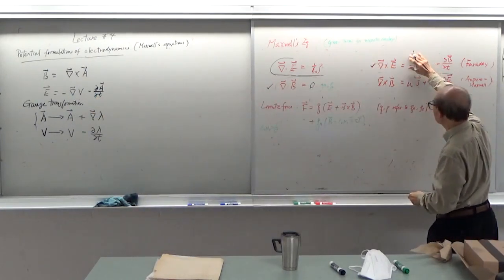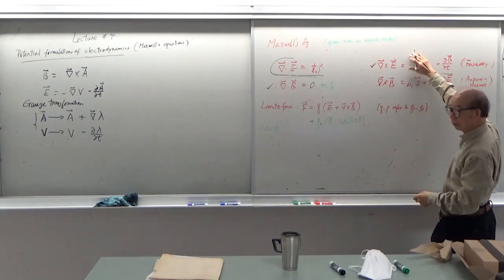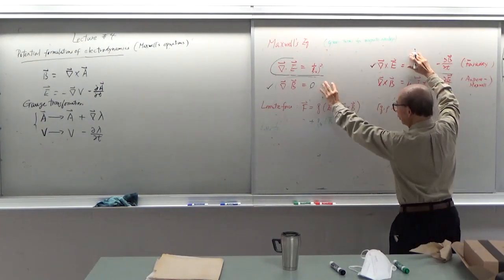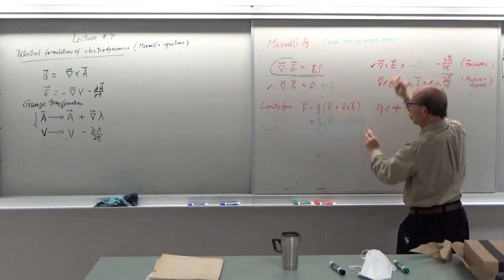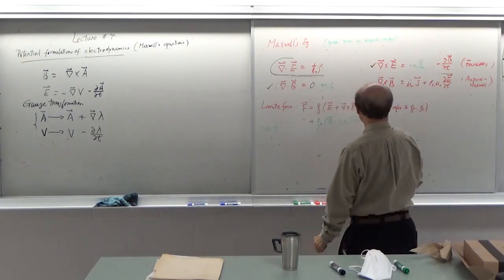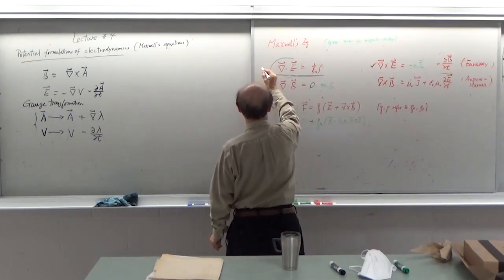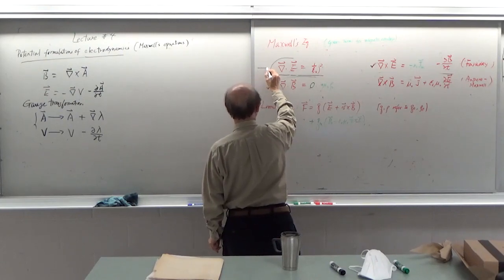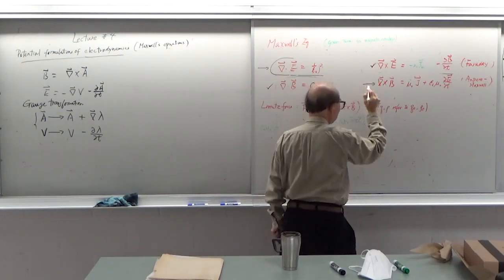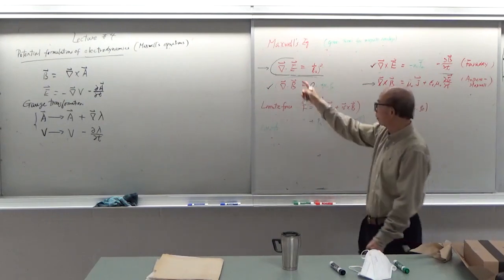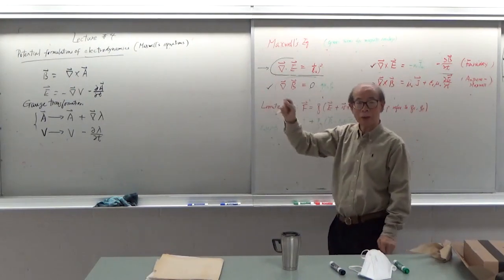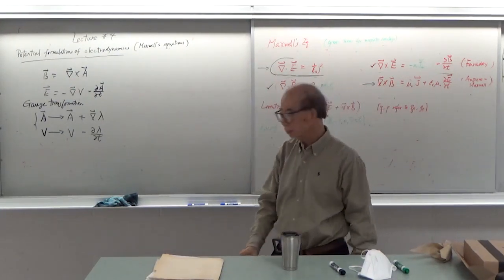So forget about this, the green part, for this part of the lecture. So two equations remain, this one and that one. We would like to write these two equations in terms of A and V. All right?